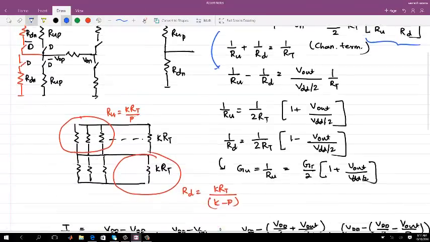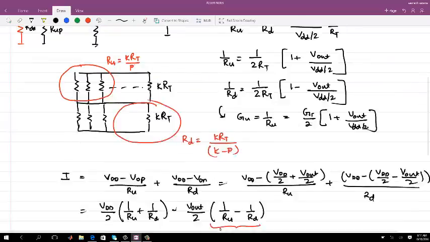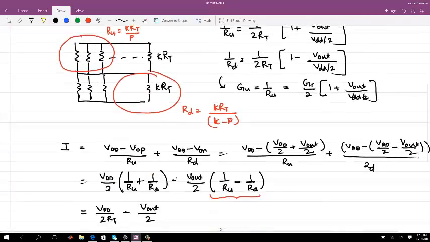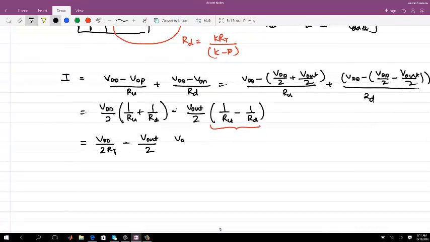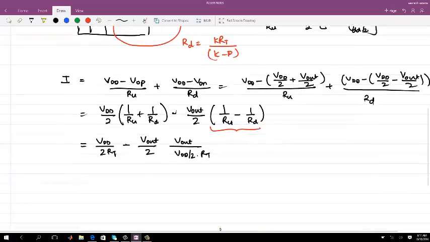So I can just use the same thing, that will be V out by 2. Okay, so this is V out by VDD by 2 into RT, right? We're just replacing the equation there, nothing more.